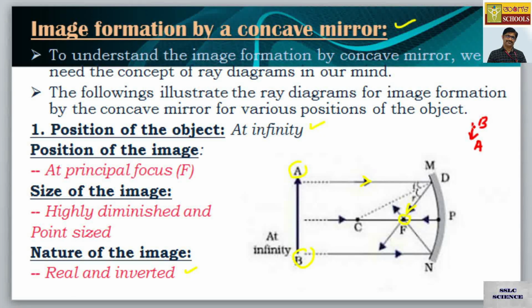The image looks like this, which is point sized, keep in mind. It is real and inverted. So when you place the object at infinity, the image is going to form at principal focus F, and it is highly diminished and point sized, and real and inverted in nature. Okay.